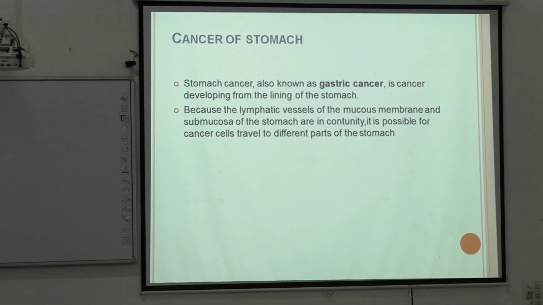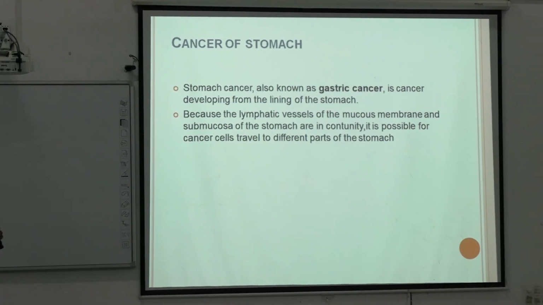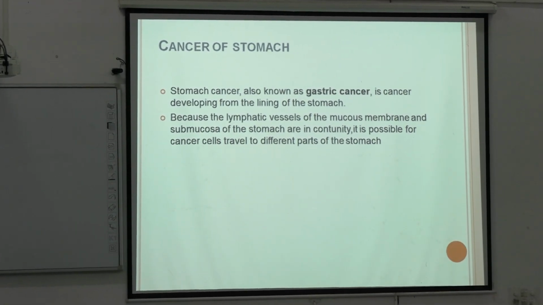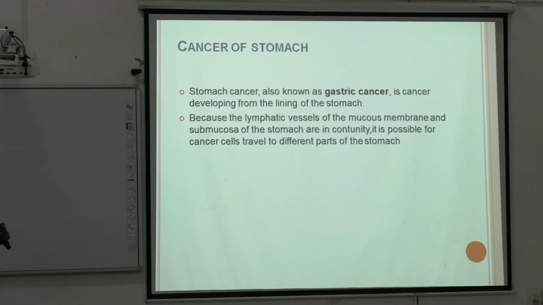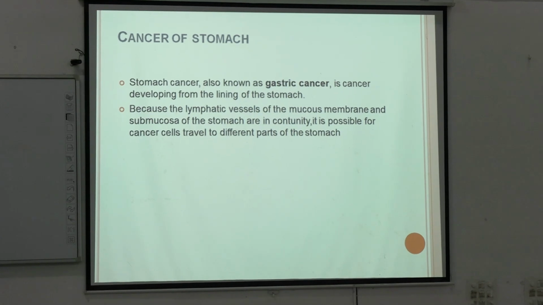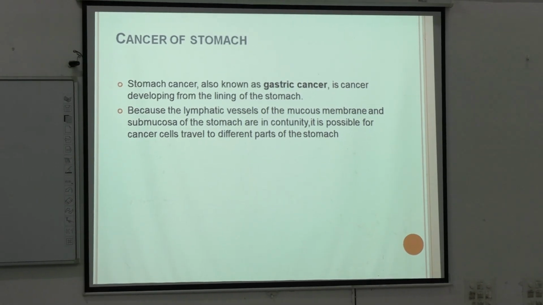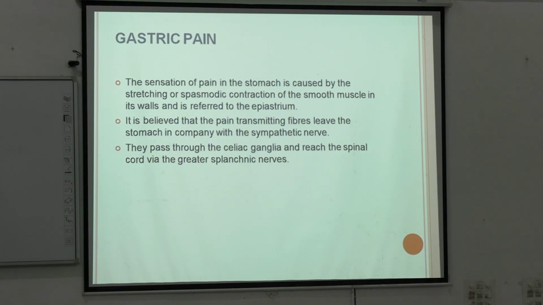Next. Now, cancer of the stomach. Stomach cancer, also known as gastric cancer, is cancer developed from the lining of the stomach. Because the lymphatic vessels of the mucous membrane and submucosa of the stomach are continuous, it is possible for cancer cells to travel to different parts of the stomach. Now, next.